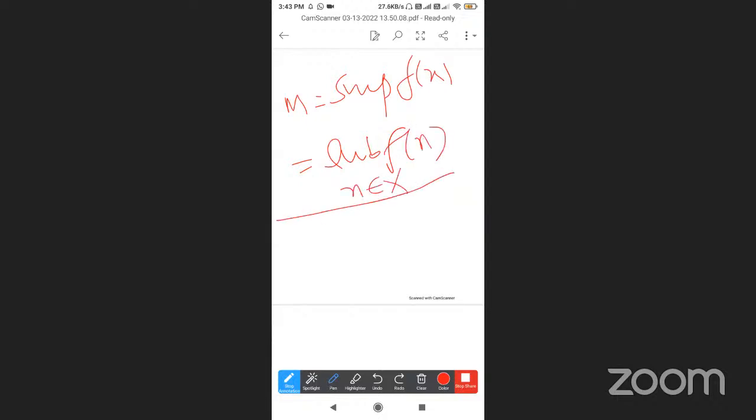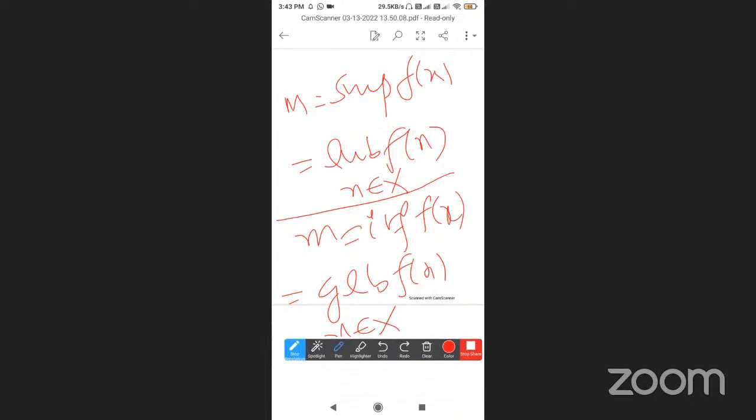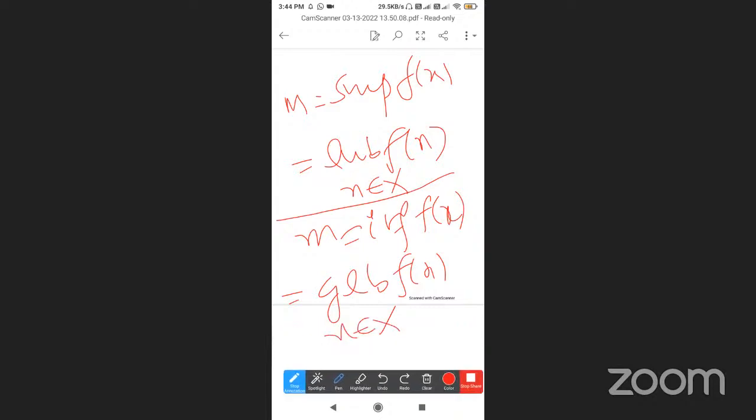Here we learn that capital M is the supremum, the least upper bound, of F of X for x belonging to capital X. Small m is the infimum, the greatest lower bound, of F of X for x belonging to capital X. Small m is the greatest lower bound and capital M is the least upper bound.